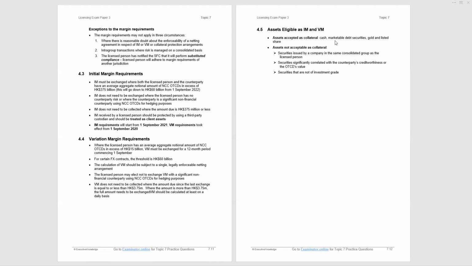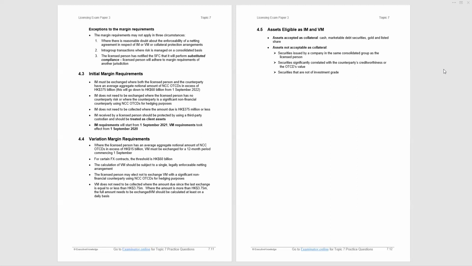And finally, paragraph 4.5, assets eligible as initial margin and variation margin. The assets that are accepted are cash, marketable debt securities, gold, and listed shares. Assets not acceptable: securities listed by a company in the same consolidated group as the licensed person, too close to home; securities significantly correlated with the counterparty's creditworthiness or the derivative position's value; and securities that are not of investment grade.